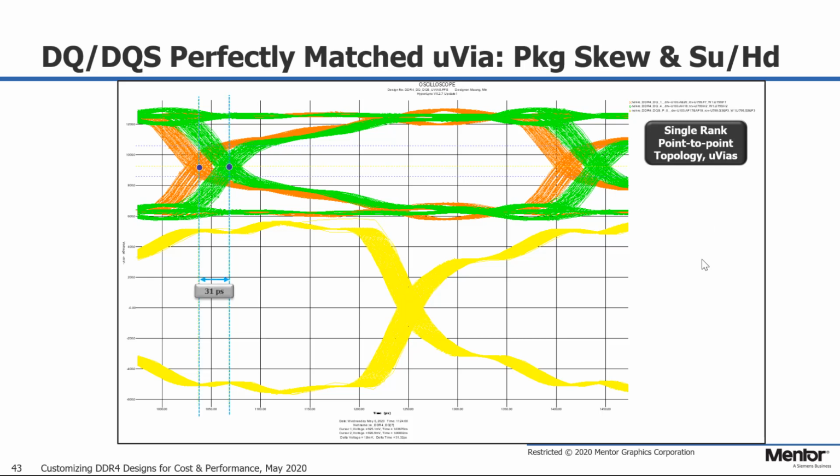You can also get a rough idea of the worst setup window and hold window from these simulations. Even though the lengths are perfectly matched, the setup and hold margins are not perfectly equal due to the loading effects, the ODT value used, some signal loss, some reflections at the DRAM package, and so on.